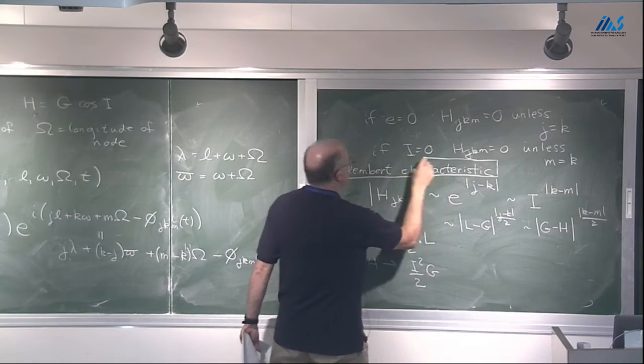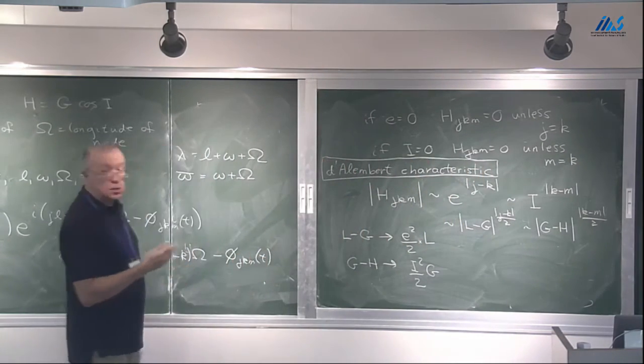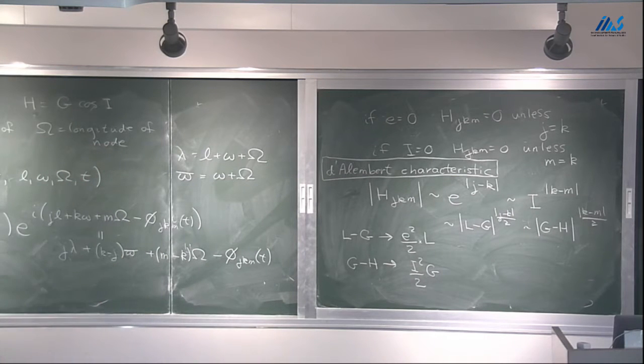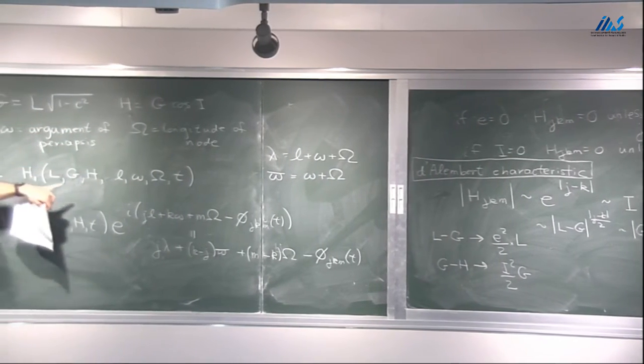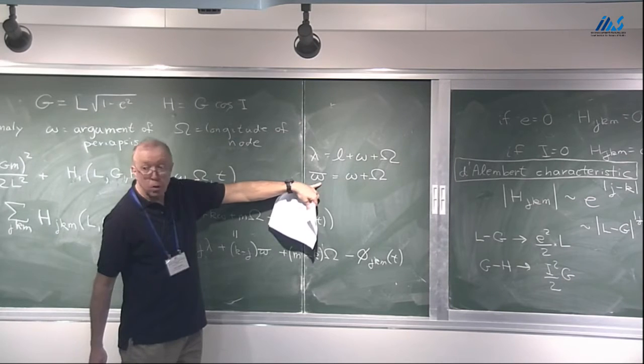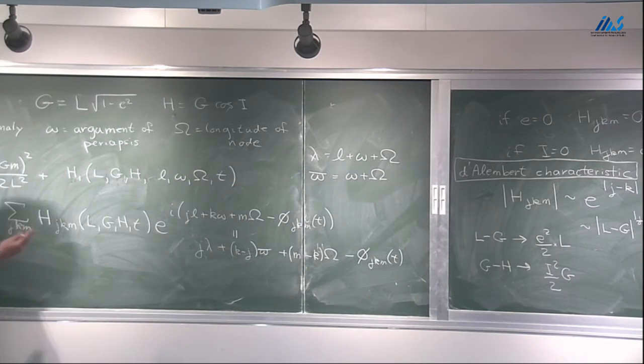And this behavior isn't mysterious at all if you recall that for small eccentricity and small inclination, you can think of eccentricity and argument of periapse, and longitude of the node, as being polar coordinates, and it doesn't really make sense to do an expansion of a smooth function in polar coordinates when you're close to the origin.